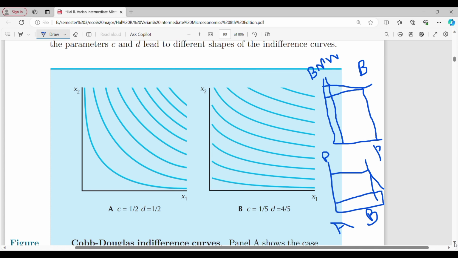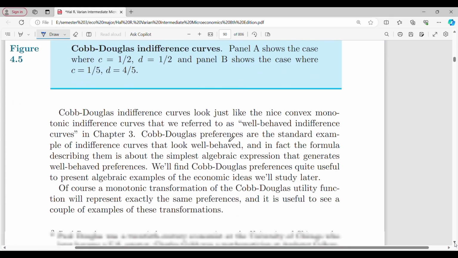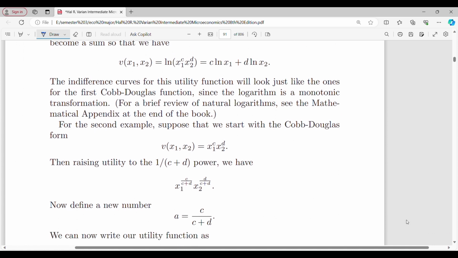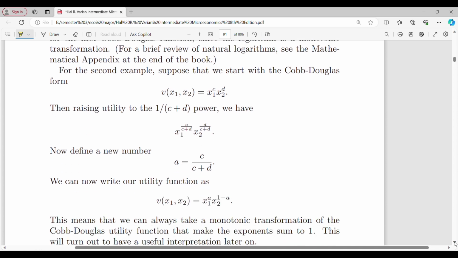Of course, a monotonic transformation of the Cobb-Douglas utility function will represent exactly the same preference, and it is useful to see a couple of examples of these transformations. We'll take the formula, the equations. This is how the equation looks. If you're getting confused with all these parts, we are using a logarithm here for this monotonic transformation.